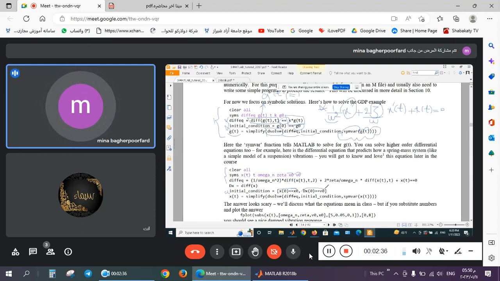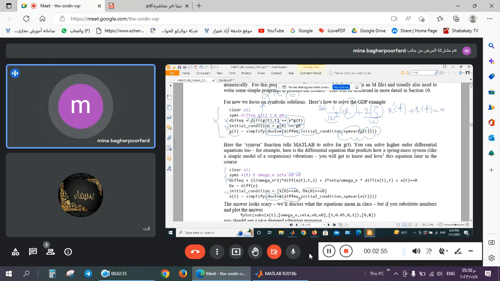So I want to solve this equation by using the initial conditions with respect to x of t. So I use dsolve. Dsolve is used for solving a differential equation exactly.